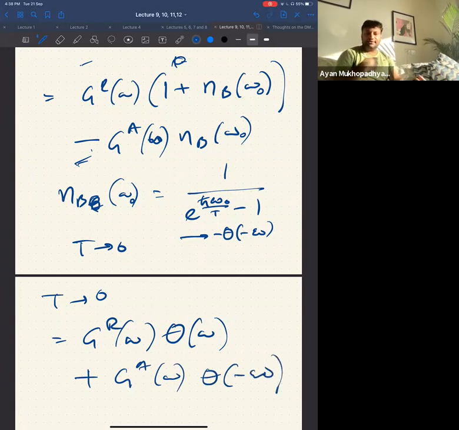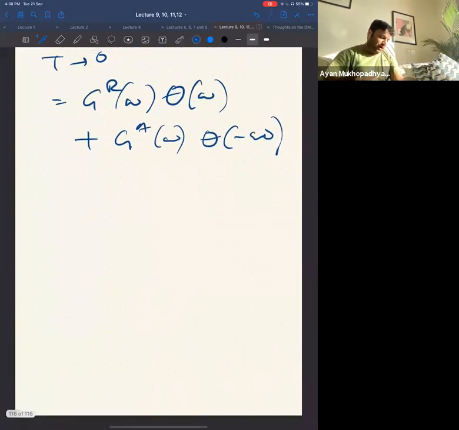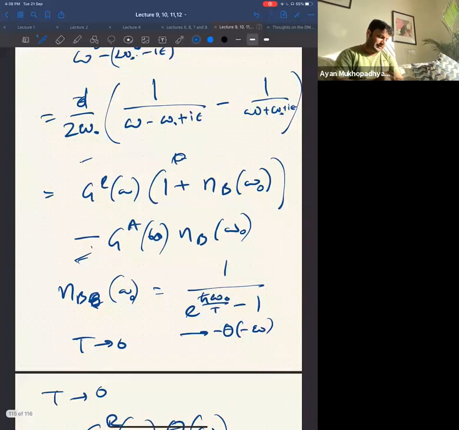So essentially, for omega greater than 0 you have the causal response, and for negative frequencies you have an advanced or anti-causal response. Another way to see this is as follows.